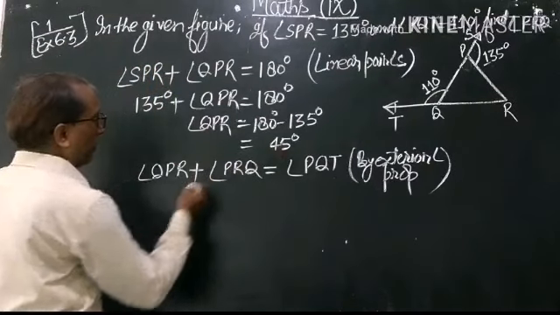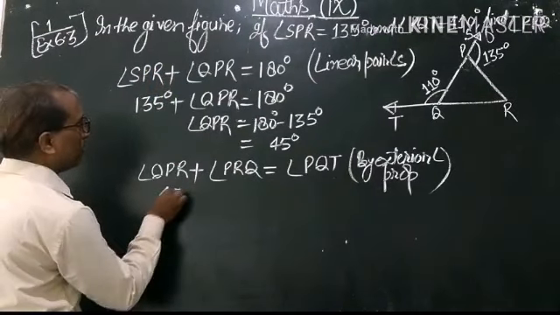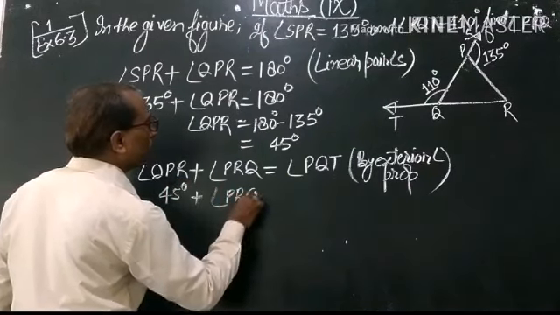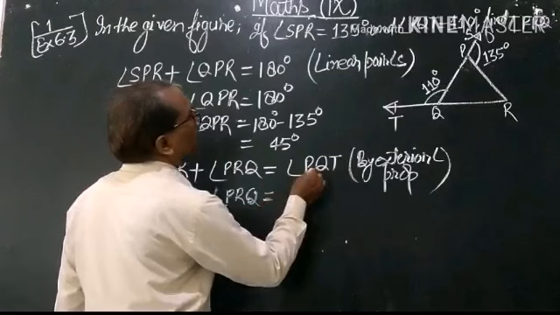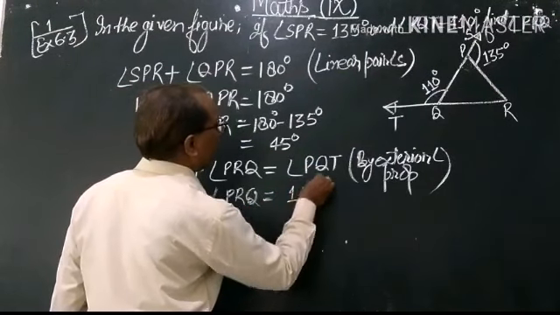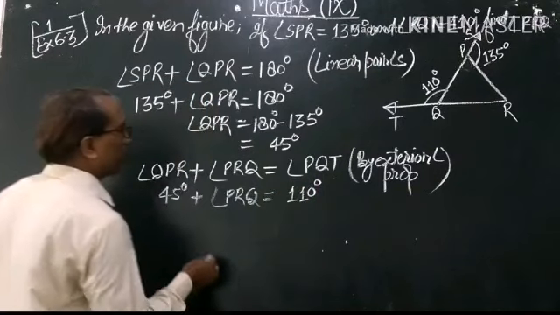Then angle QPR is 45 degrees plus angle PRQ is equal to PQT, which is 110 degrees.